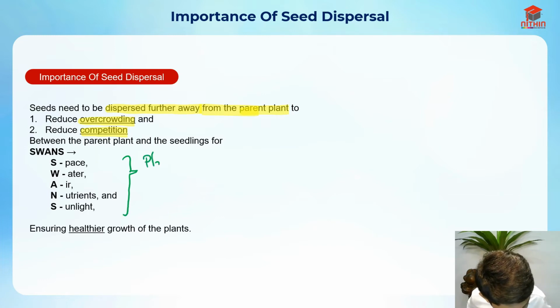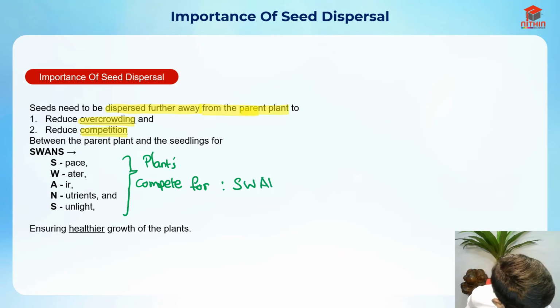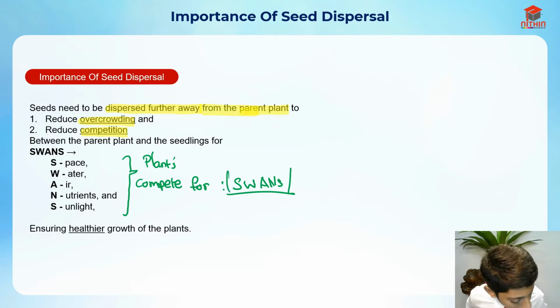So plants compete for SWANS. So you have to memorize the SWANS acronym, okay? And you need to know it by heart because you need to know what they compete for.